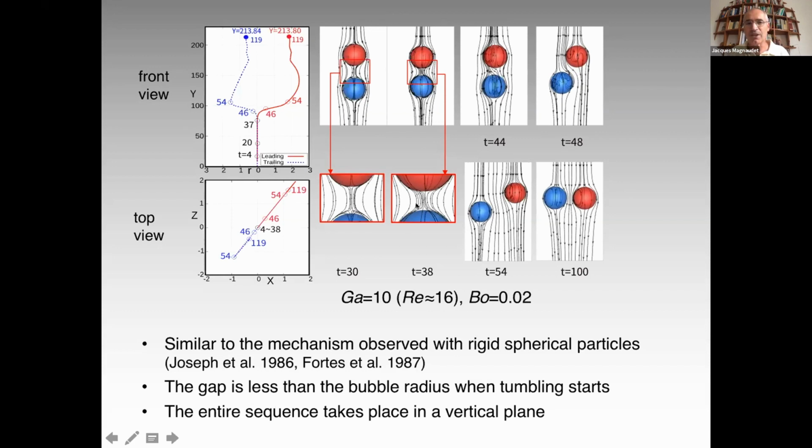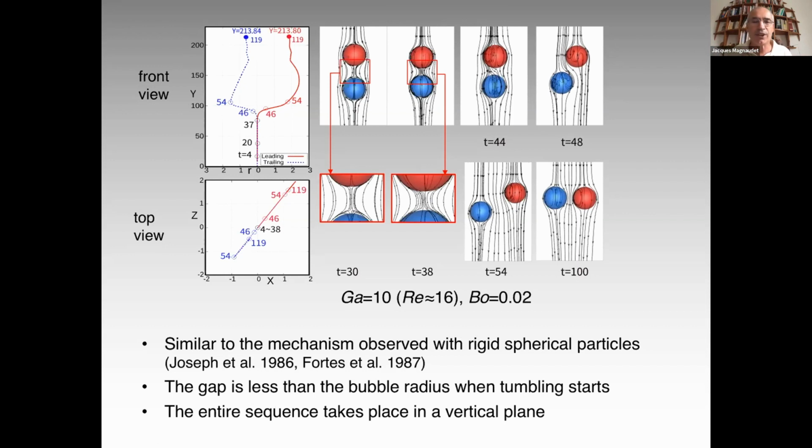After this asymmetry has grown for some time, you see the two bubbles starting to tumble around each other. After this tumbling is completed, the two bubbles start to rise along two different paths with their line of centers more or less horizontal. Of course, this interaction takes place when the gap is very small, which means that this is really a short range interaction process.